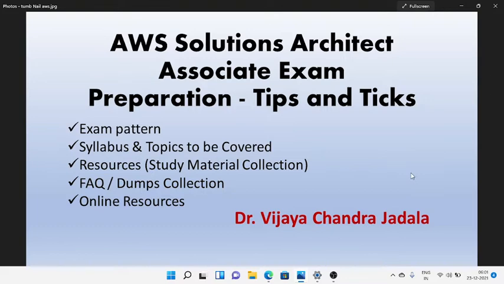That is the exam pattern, syllabus and topics to be covered, resources, study material collection and other resources, then FAQ, dumps collection, then online resources. These are the different helpful tips and tricks we are going to discuss, and this will be very helpful to the students who are preparing for the AWS Solution Architect Associate exam.